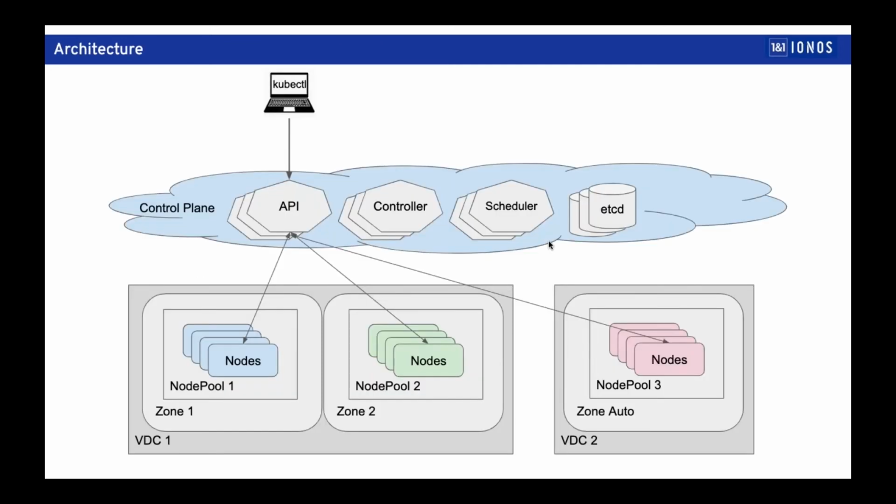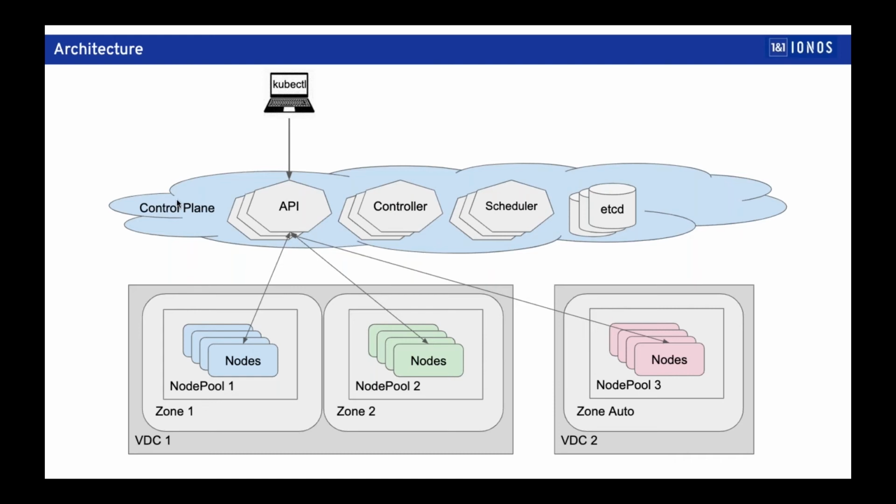Now, how does the architecture actually look like? Well, first of all, what you might know as the master nodes are all abstracted away inside a centrally IONOS managed control plane. As a user, you will not see any master nodes inside of your Kubernetes clusters.